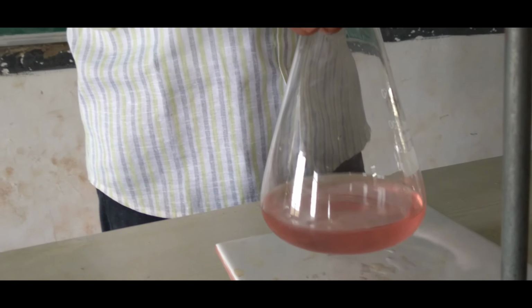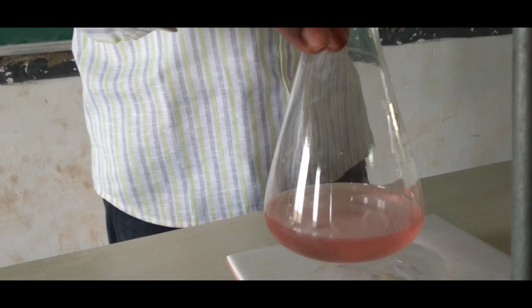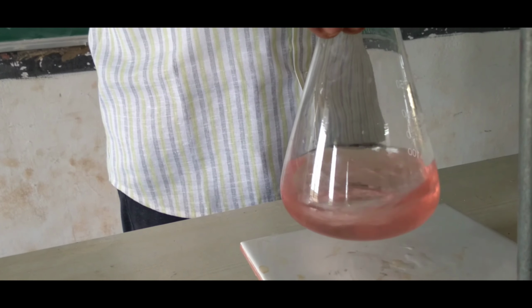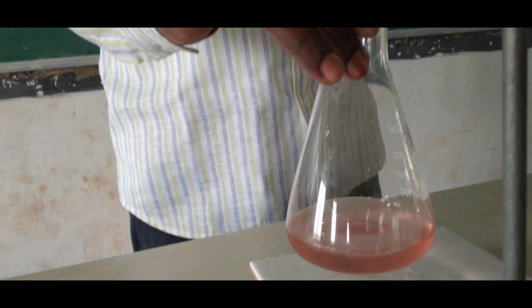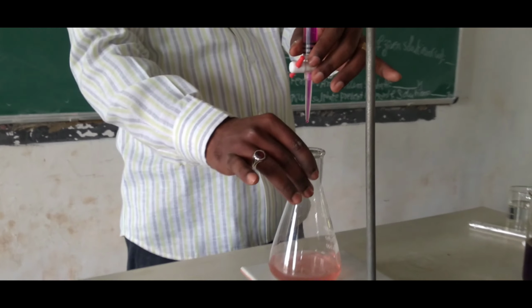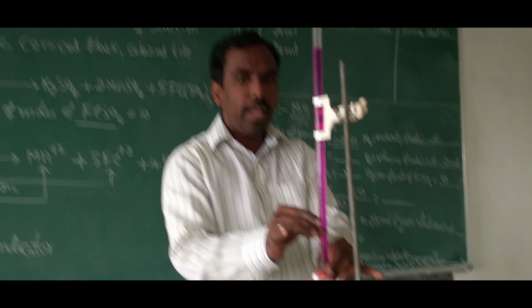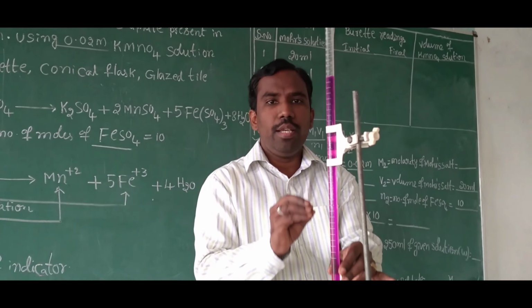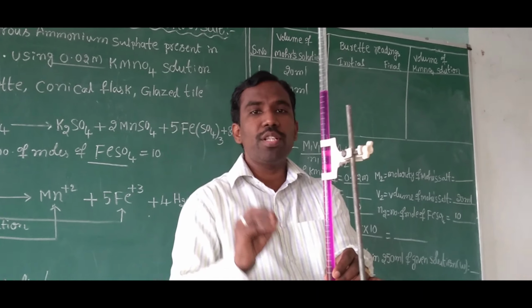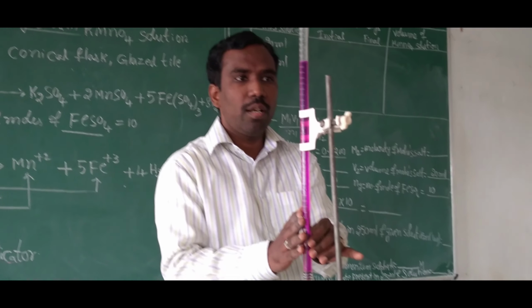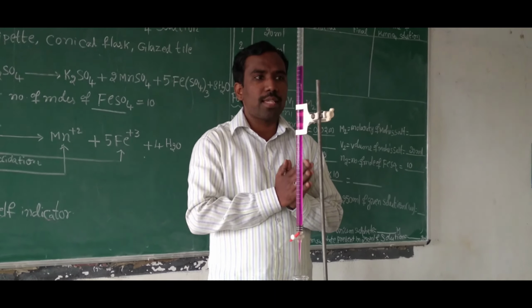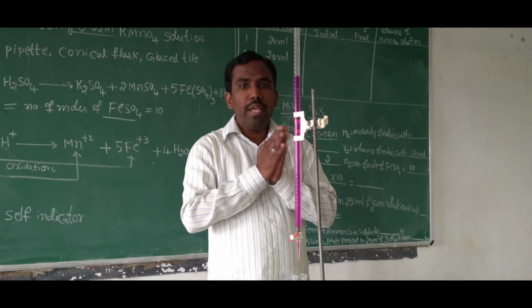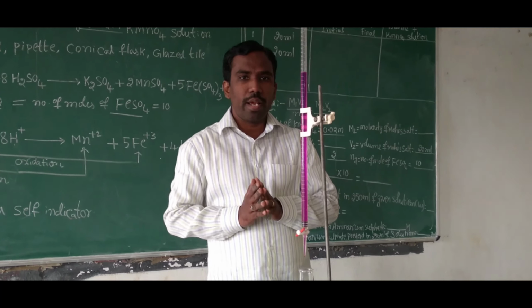That means the chemical reaction takes place between potassium permanganate and Mohr's salt, and it changes to a light pink color. That means a redox reaction takes place between Mohr's salt and KMnO4. Here the sulfuric acid is used in order to initiate the chemical reaction. You may have some doubt about why we are adding sulfuric acid, and the answer is that it initiates the chemical reaction.